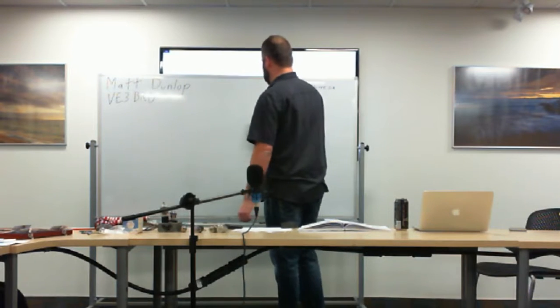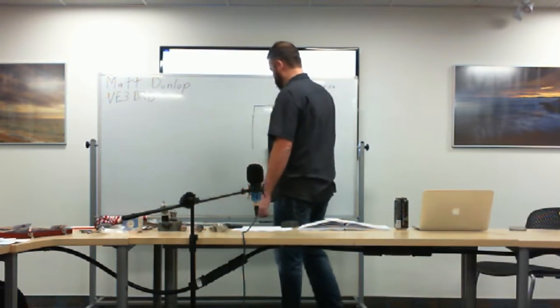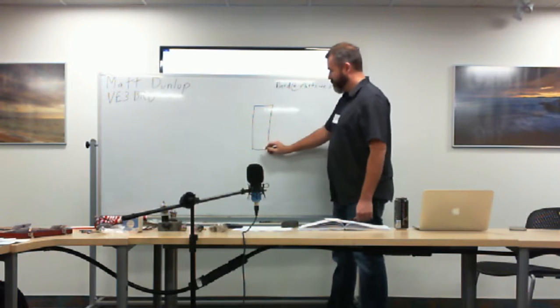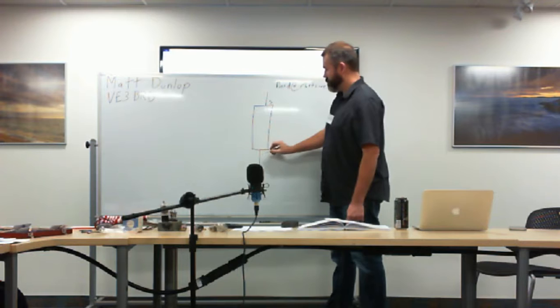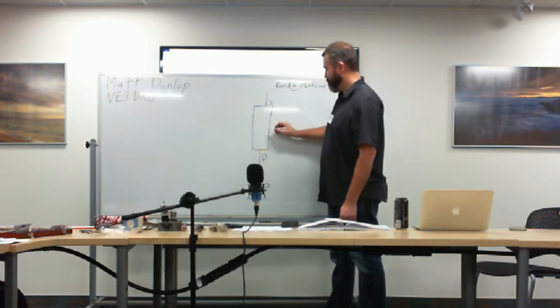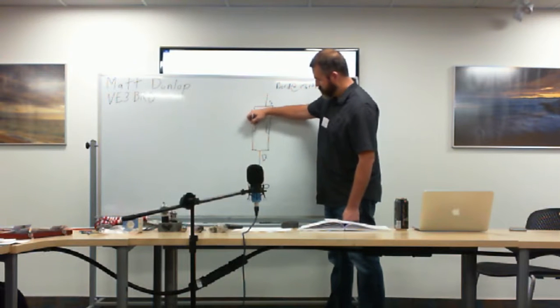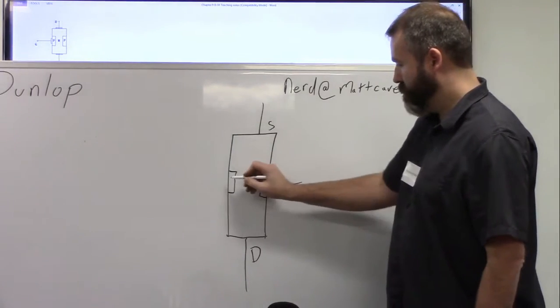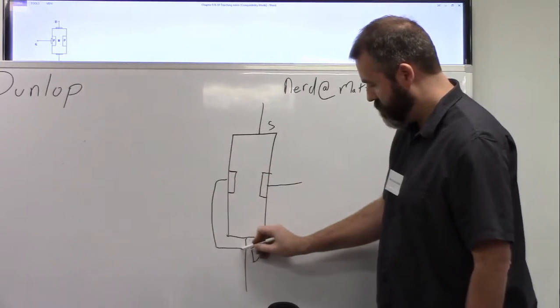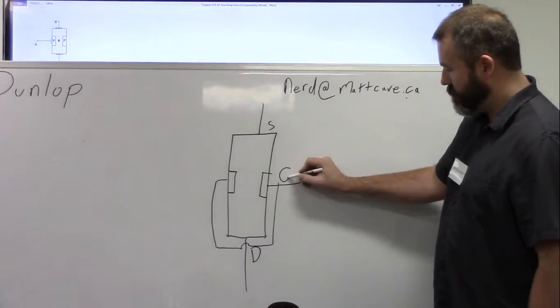But the way these guys work is they have a channel. I'm going to reverse this. I'm going to say a source, and the drain is down here. This is the gate.